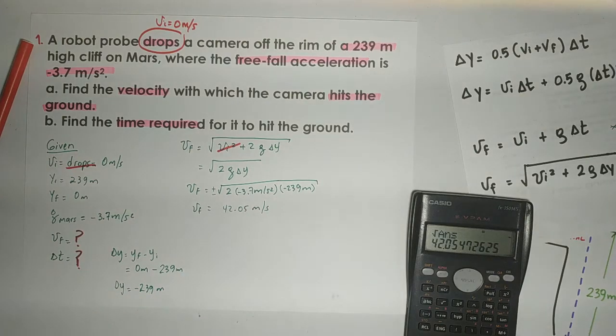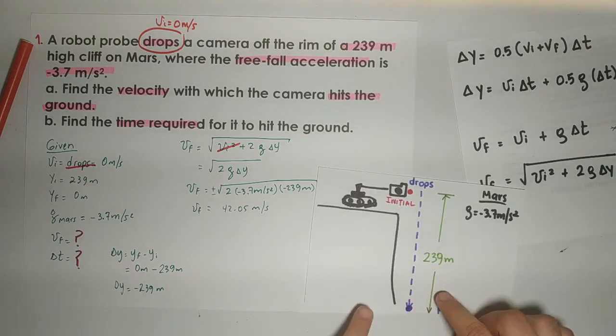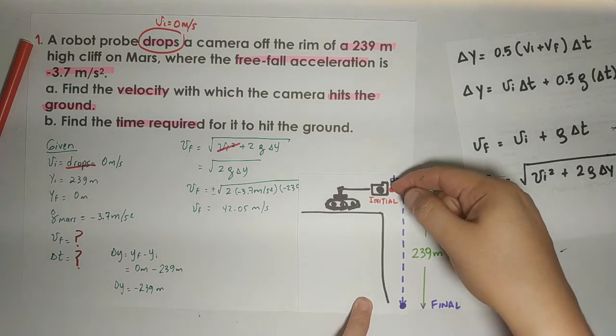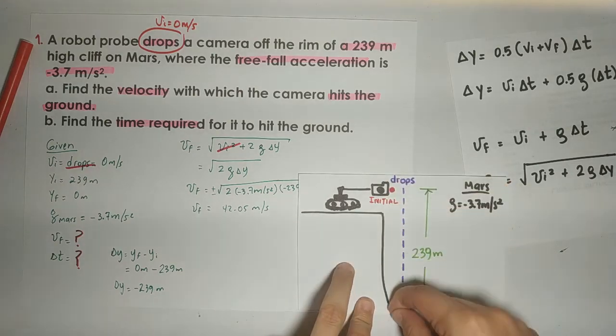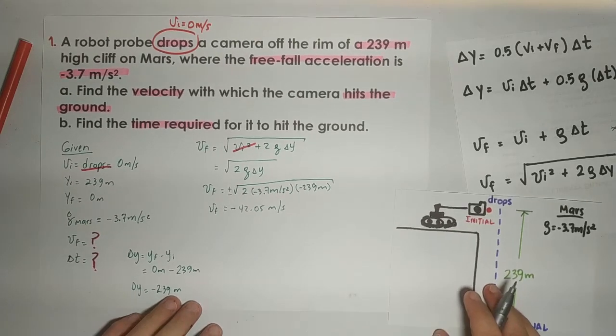Now, is my final velocity going upward or downward? My initial velocity is 0, it was not moving at all, and my final velocity is going downward, so this final velocity is negative. Please do not forget that.